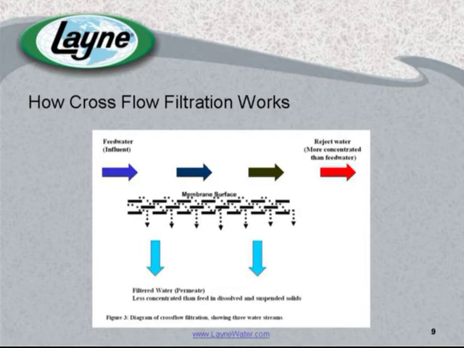You have the inlet water running parallel to the surface of the membrane technology. You have the clear water passing through, and then you generate this third stream, which is a concentrated stream that contains both water and contaminants. So that is one of the major differences between granular and membrane technology, is this third stream or reject.